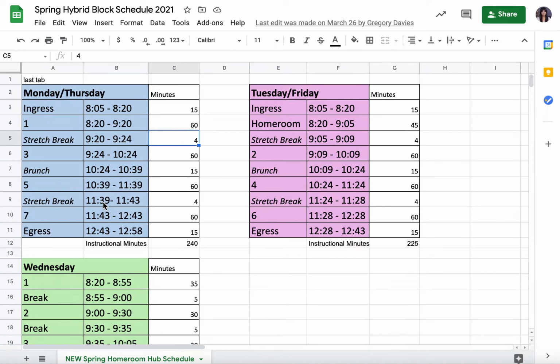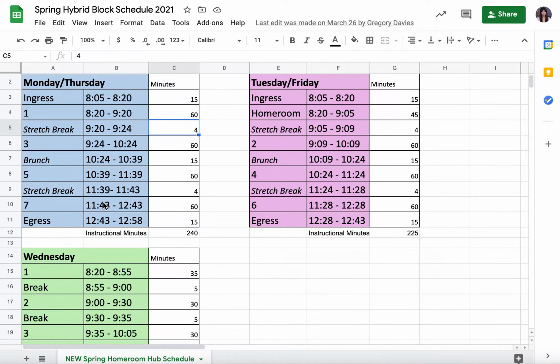You notice that when you take a look at the schedule, this schedule applies to everyone, whether you come back for in person or you are logging in at home. On Monday and Thursday, we still have period 1, 3, 5, and 7.